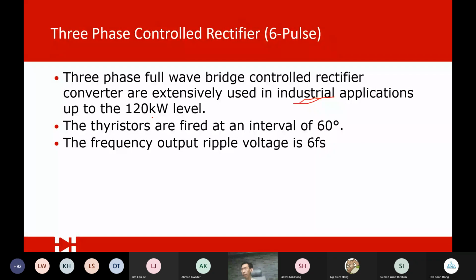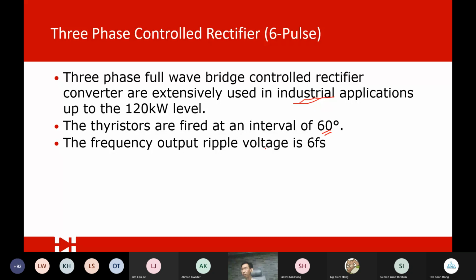The firing angle, usually they don't fire that much. They usually fire from 0 maybe to 60 degrees. Because there are 6 diodes there, each of them will have a gate, so that's why I call it 6 pulse, or 6 fs.